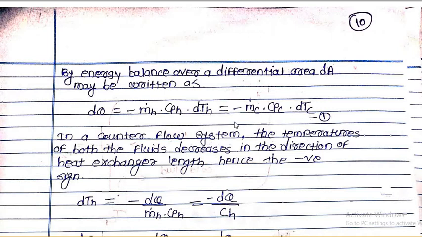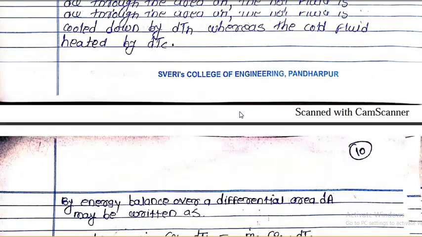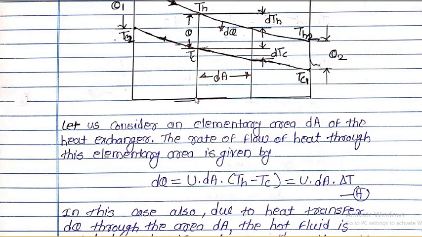Now here also, in case of a counterflow, we have taken the negative sign, because as we move in the positive x direction, we can see that the temperature of the cold fluid is decreasing.